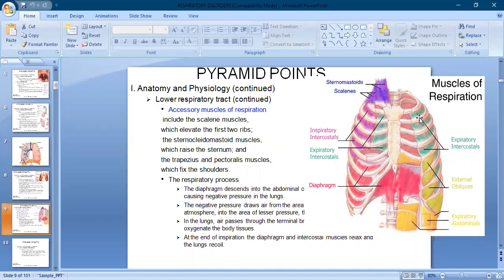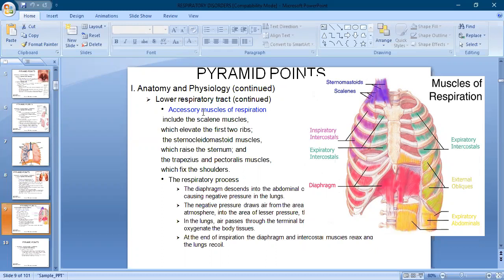The inspiratory and expiratory intercostal muscles are only defined by the direction of their fibers, and their function is a little bit different. Another muscle is the external oblique, and this is the diaphragm, the major muscle of respiration.